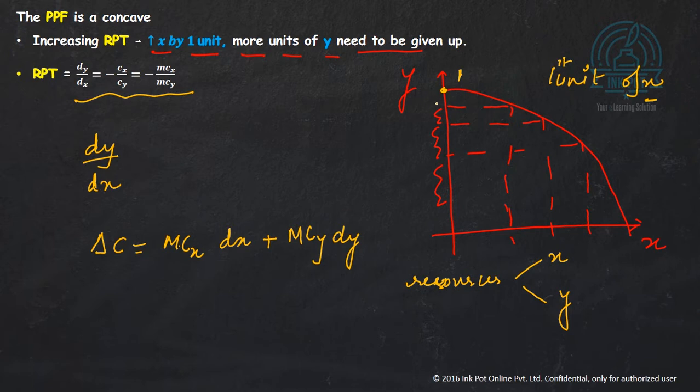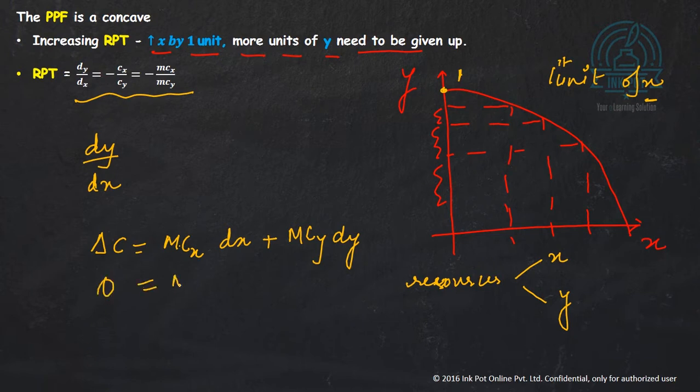Now, along the entire PPF, I'm using all of labor and capital. That's how it is Pareto efficient, otherwise it wouldn't be. I'm using all of my labor and capital, which means that if my labor cost is, let's say, W and my capital cost is, let's say, R, along the entire PPF my cost is W into L plus R into K, which means my change in C is 0.